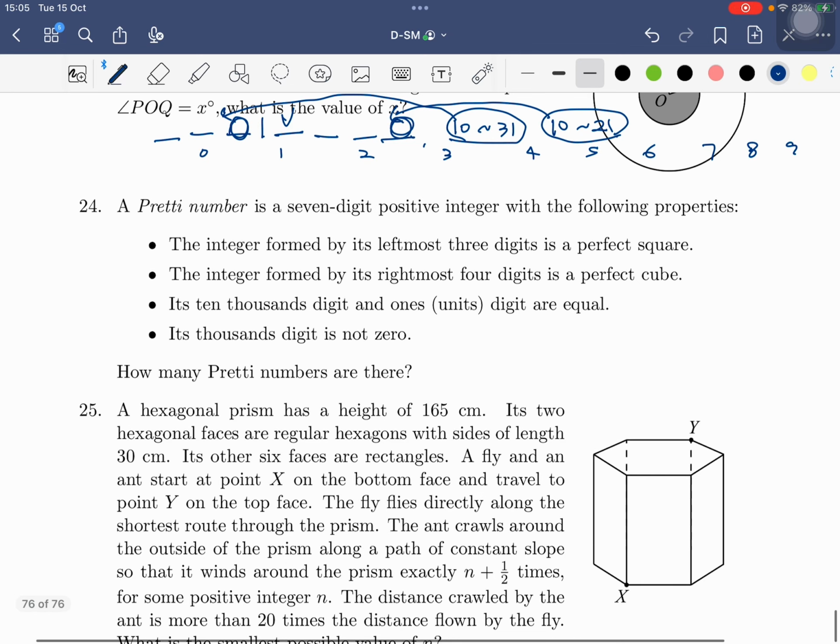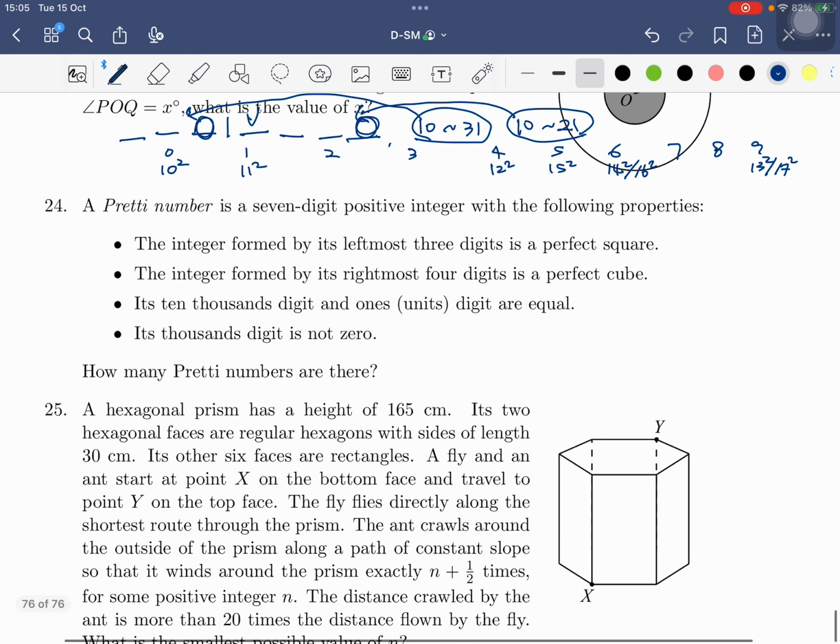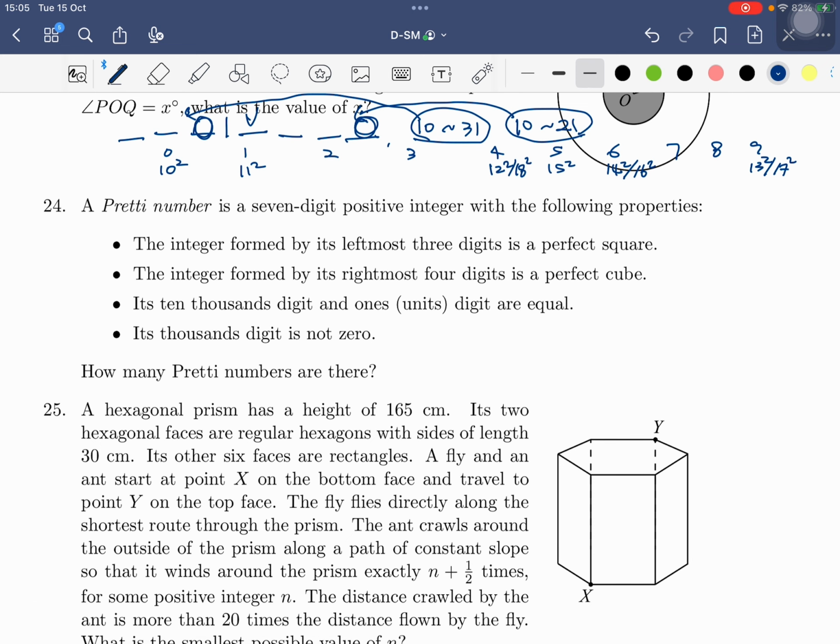So let's say 10 squared, last digit is 0. 11, 12 squared, 13, 14, 15, 16, 17, 18, 19, 20.